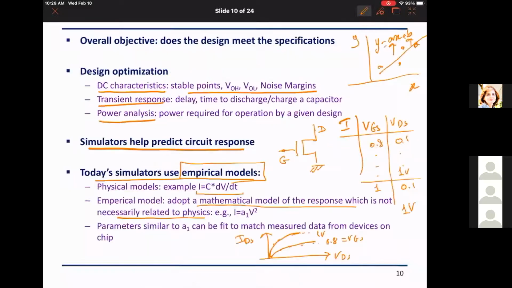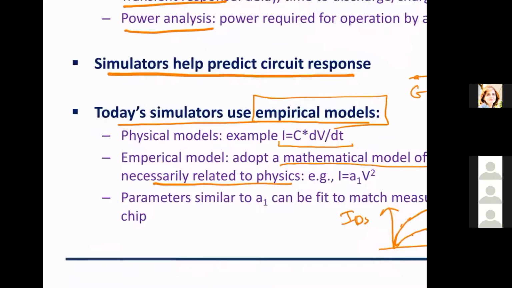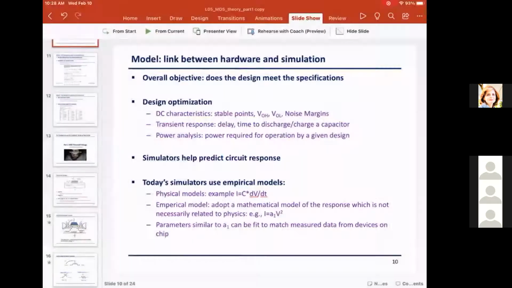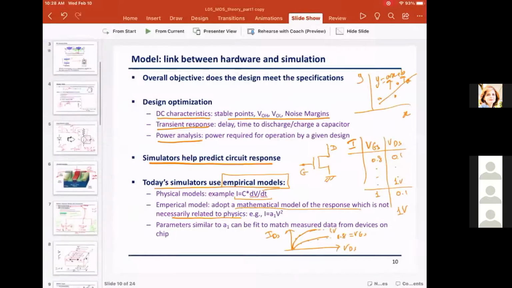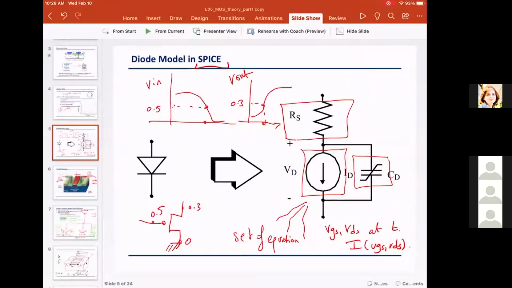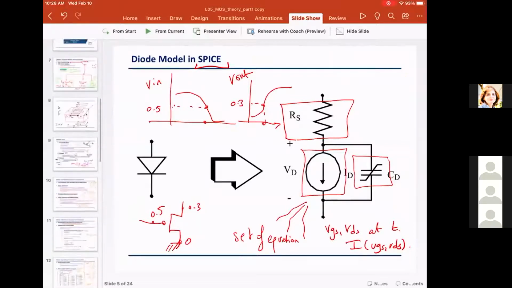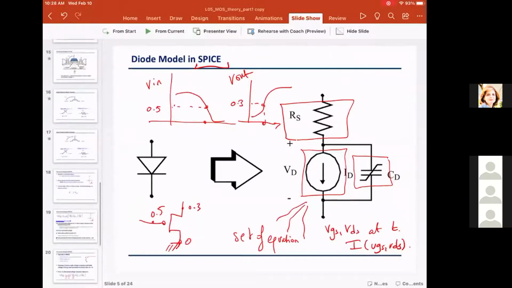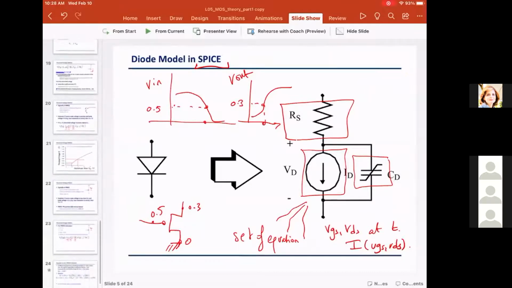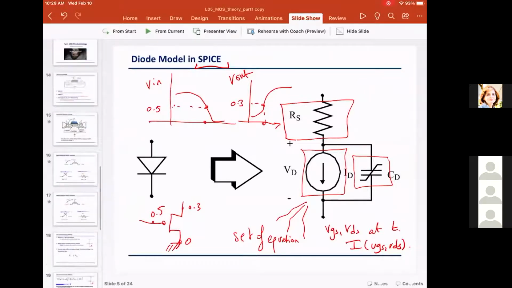Like how the diode we built it, sorry. Did you see the diode model that we drew a little bit ago, this one here? Okay, you can consider now that they built the transistor model as a complex network of RC and current sources, dependent current sources and stuff like that, and work function and etc. And all of this complex network is governed by a large set of equations, which is the model built by Berkeley.